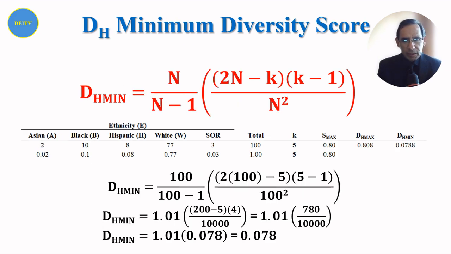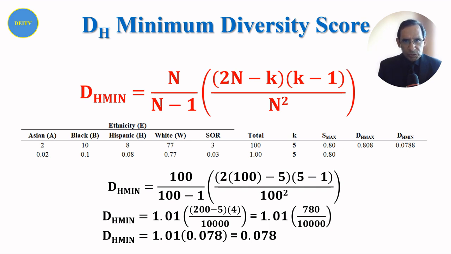Hurlbert also calculated a minimum score, and the minimum score is calculated by multiplying two terms. The first term is the total number of individuals in an organization, capital N, divided by the total number of individuals in an organization minus 1. So for the first portion of the formula, it's going to be N divided by N minus 1. The second portion of the formula has a numerator and a denominator. The numerator is composed of two terms.